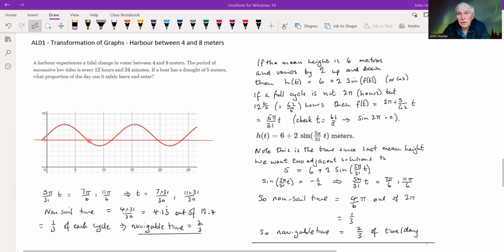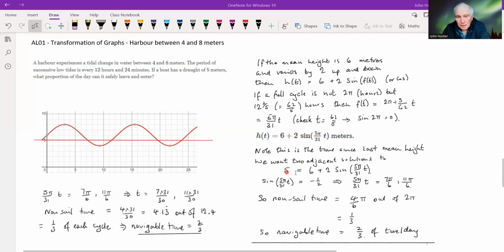If we can find the points in time where the height of the water is 5 meters, then we can calculate this period of time, and then we can compare that to the full cycle and see what proportion of time we're able to not navigate, and conversely that we can navigate.